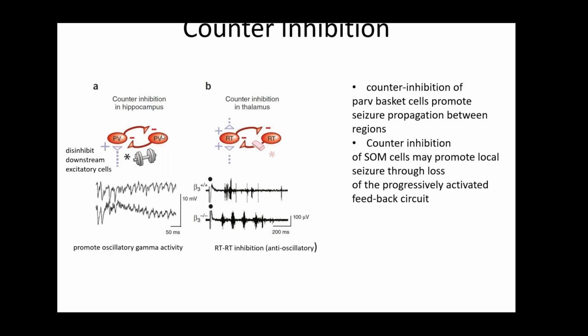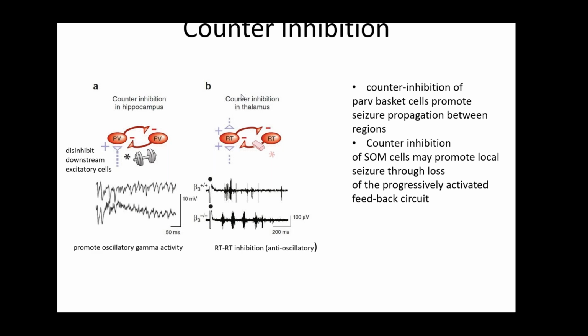All right. So when you boost this inhibition of the inhibition, the net result is inhibition of the downstream excitatory cells. So in the hippocampus, when you have too much inhibition of the inhibitory circuitry, you create oscillatory gamma activity, hyper gamma ripple activity on the hippocampus.